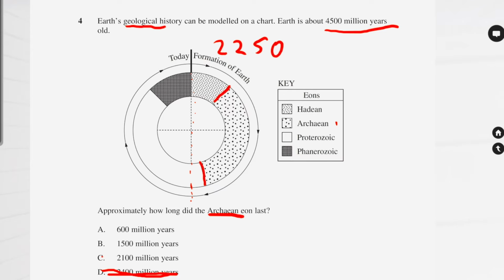So we can also get rid of C. Now that brings us down to two possibilities, A and B. We may think it's B, but A is going to be less than a quarter. This is more than a quarter. Therefore, our best answer here is probably going to be B, which of course is what we get from the paper.